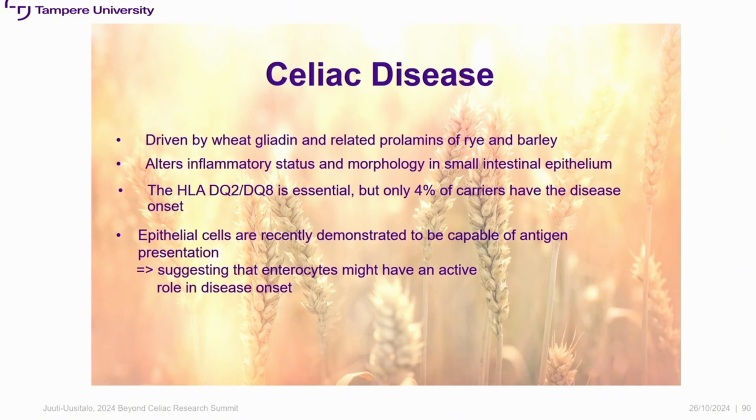When this is added to the quite recent knowledge that epithelial cells can produce tissue transglutaminase into the gut lumen, we actually have all the machinery for antigen presentation. The adaptive immune response is quite well known already, but what is the leap from the gluten to the adaptive immune response? It's not known, so we are still missing some parts of the innate immune reaction before that.